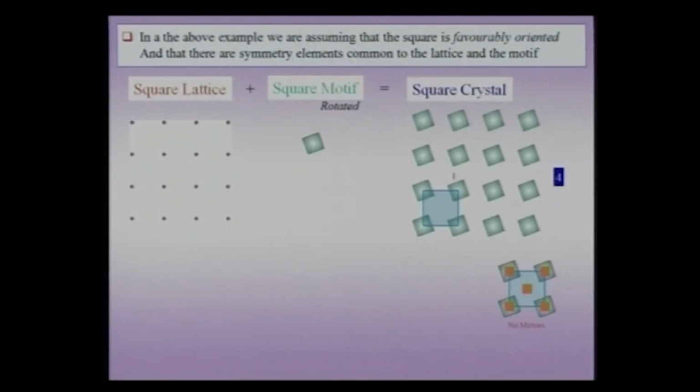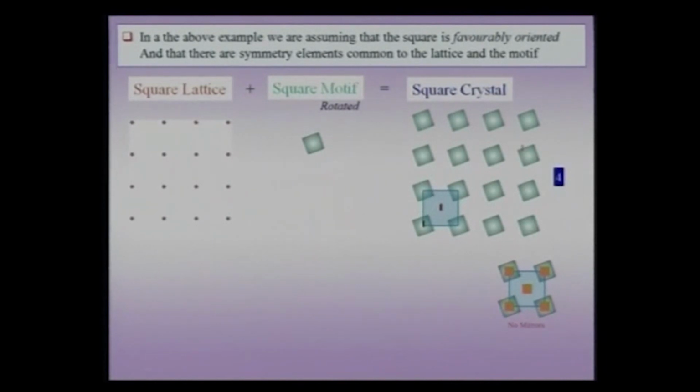Now if I analyze the symmetry of the crystal which I have generated, you would notice that all the fourfold axes survive. The fourfold which was present at the vertices, the fourfold which was present at the centers, all these fourfold axes of the lattice survive in the crystal which I have generated.